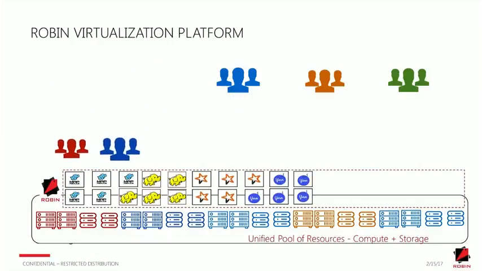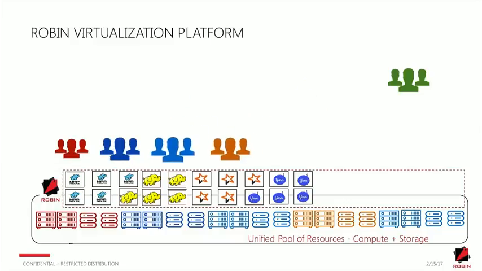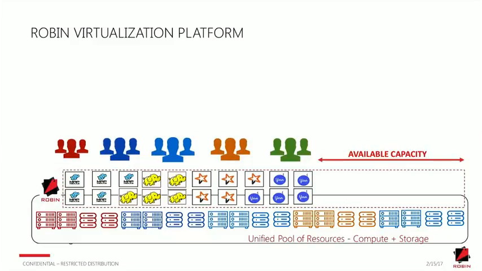And the users access these applications, or their existing pipeline components, as if nothing has changed. After you do this consolidation, you actually see there is a lot of available capacity still on your existing pool of resources.